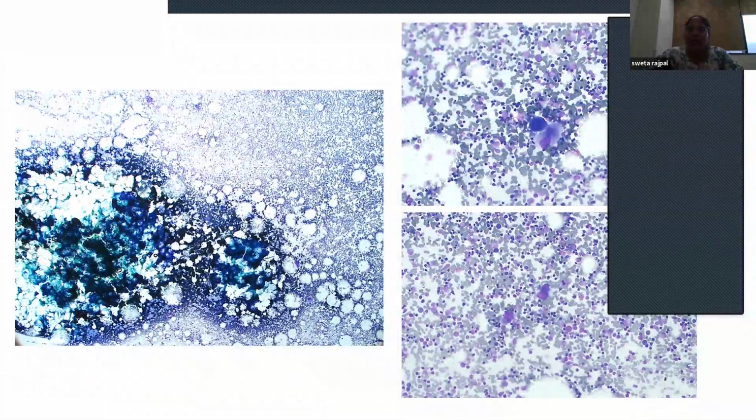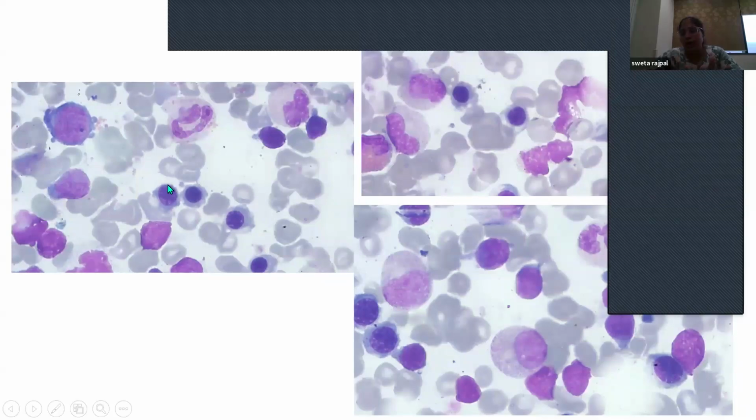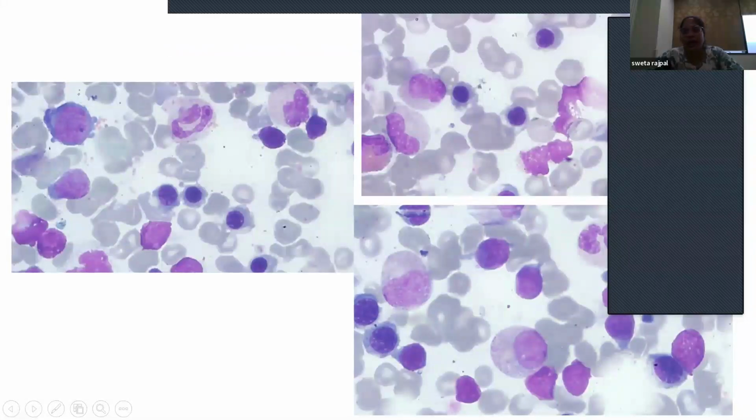Then we go to the myeloid to erythroid ratio. We count the myeloid series cells, and we count the erythroid cells, and we take the ratio. Normally we get a ratio between 2:1 to 5:1, where myeloid is more as compared to erythroid.